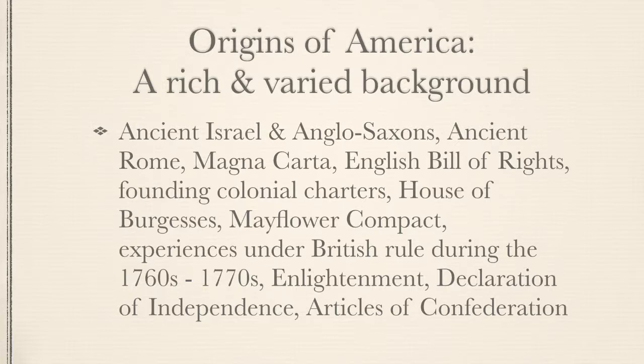Other sources of influence include ancient Rome, the Magna Carta, the Reformation as mentioned earlier, the English Bill of Rights, various colonial founding charters, the numerous experiments of colonial self-government, the House of Burgesses, the Mayflower Compact, Connecticut's Fundamental Orders, the New England Confederation, the Albany Plan of Union, the experiences under British rule during the 1760s and 1770s, the Stamp Act Congress, the First and Second Continental Congresses, various actors of the Enlightenment, such as Thomas Hobbes, John Locke, Montesquieu, British legal scholar William Blackstone, and of course, the Declaration of Independence, and the experience under the Articles of Confederation.